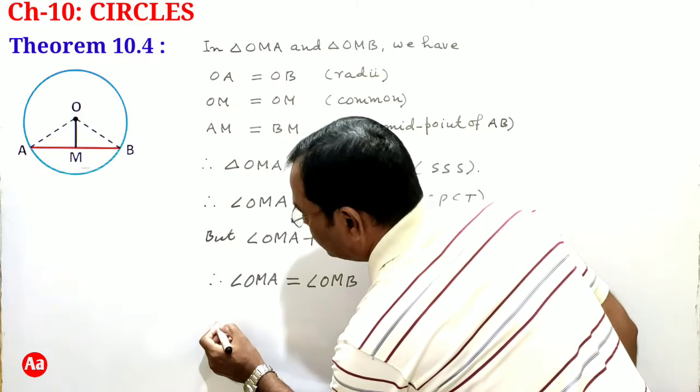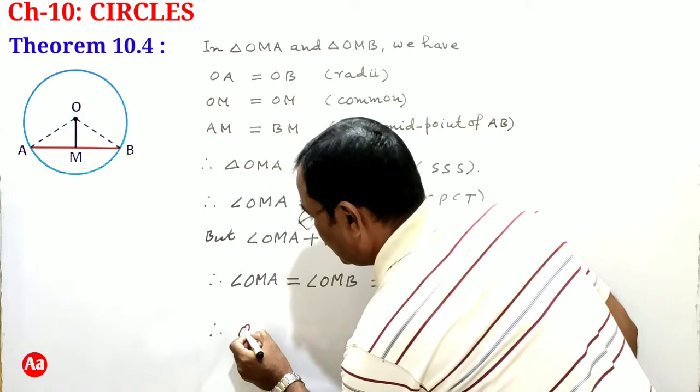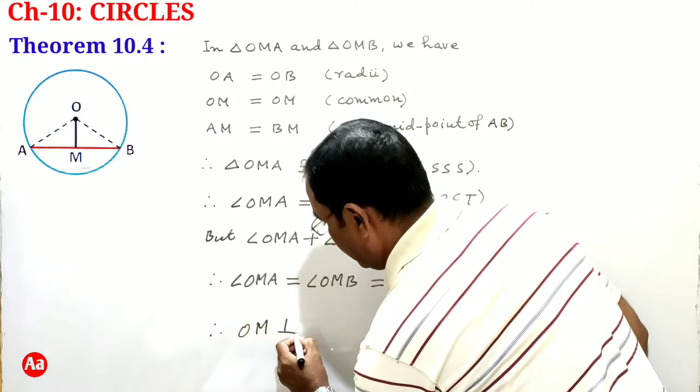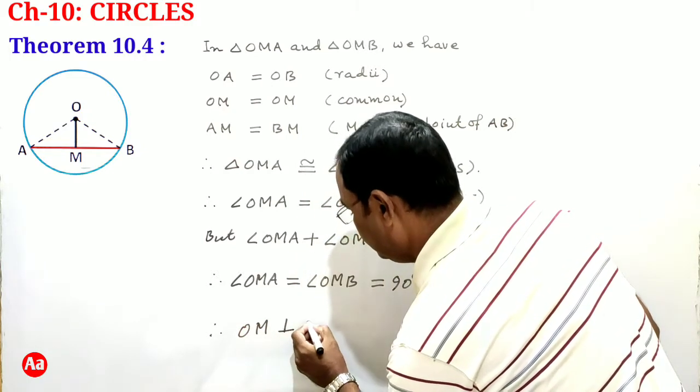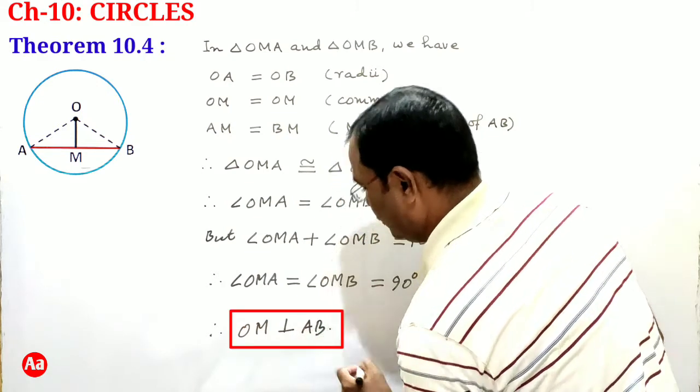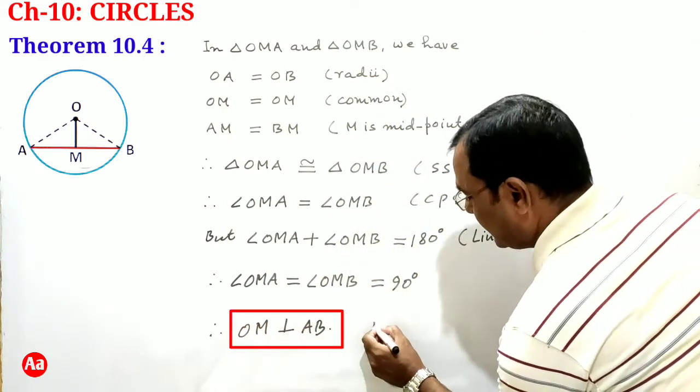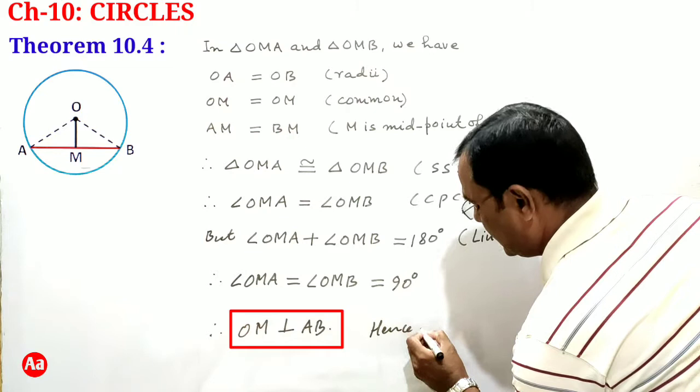So OM is perpendicular to the chord AB, and this proves this theorem.